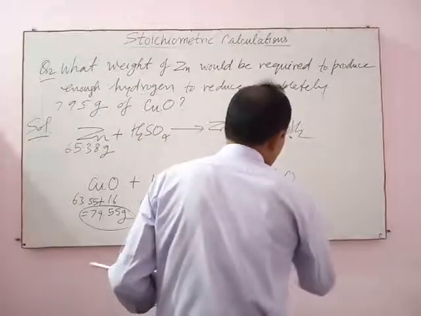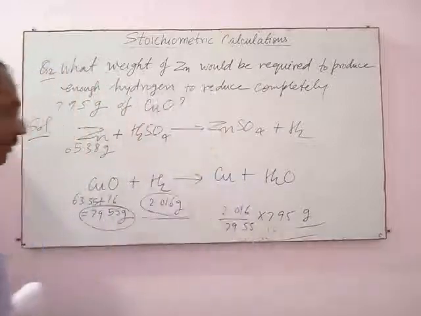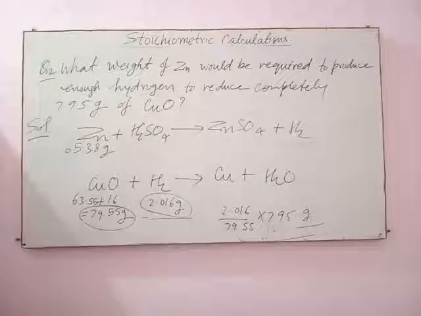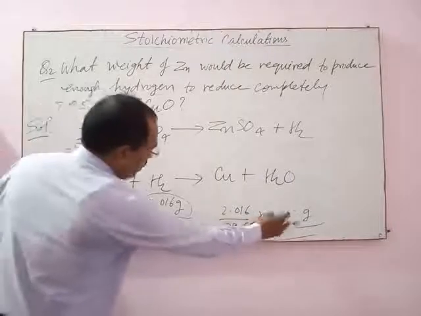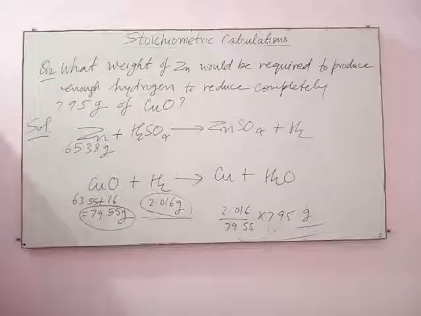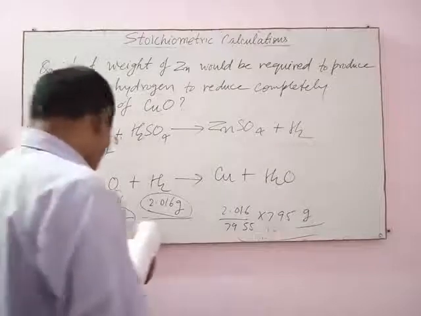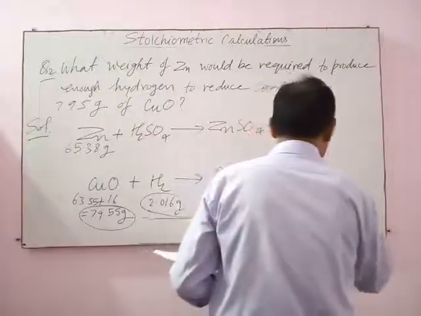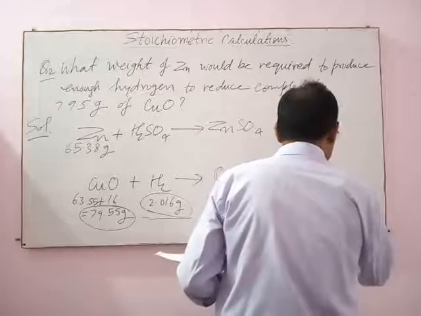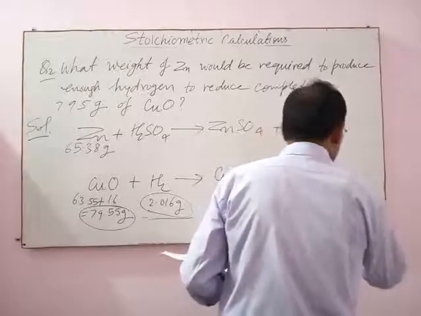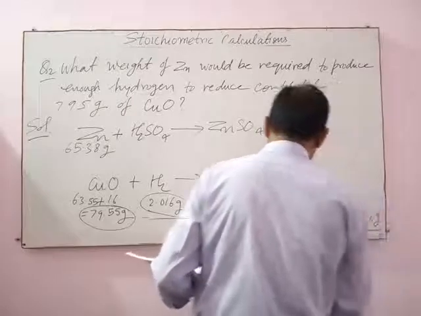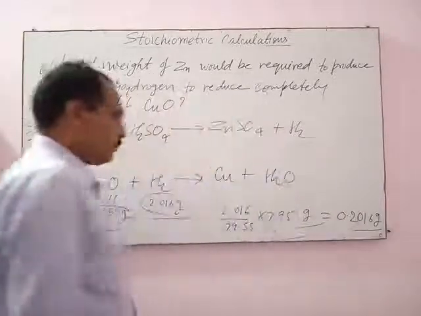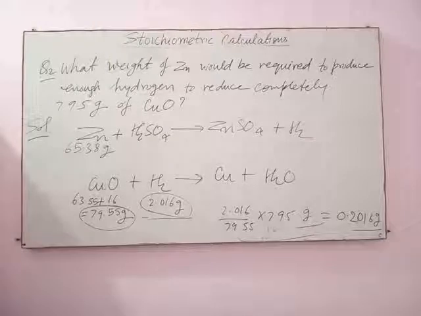This is the mass of hydrogen gas required for the complete reduction of 7.95 grams of copper oxide, and this comes equal to 0.2016 gram.